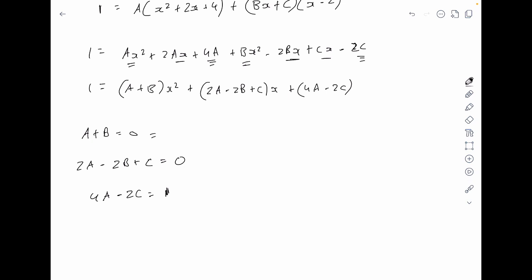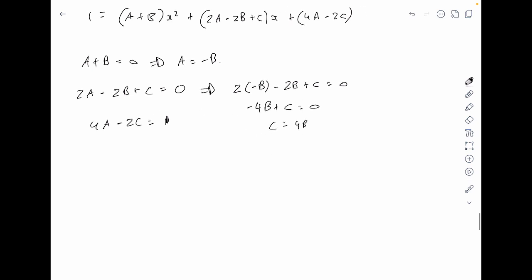Well, a is equal to minus b. Okay, so therefore here, minus 4b plus c equals 0, c is equal to 4b.